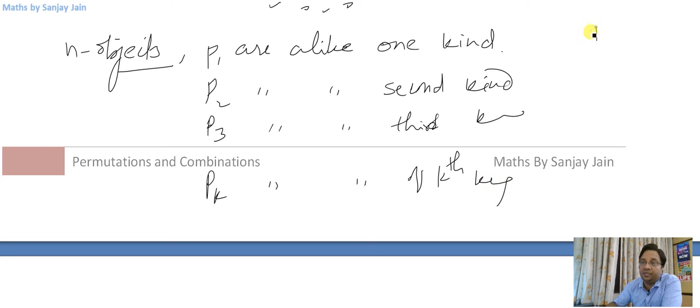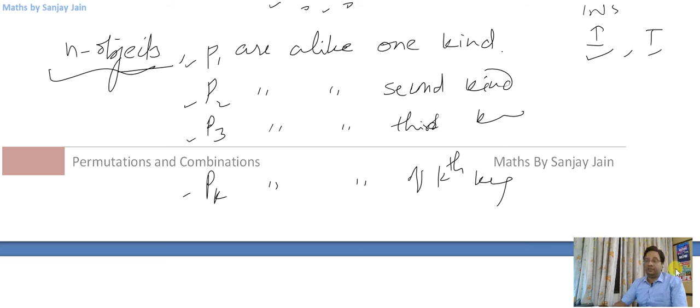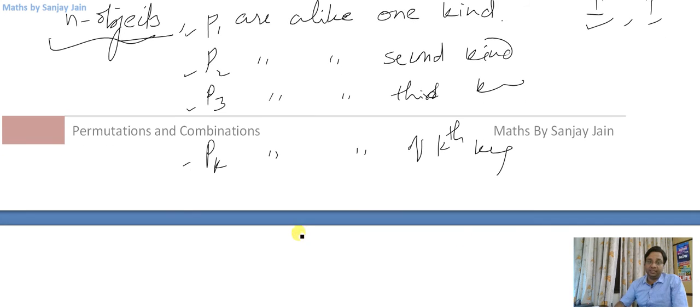For example, these were i's, these were of first kind, and then there were t's in institute. So we said there were i's that were alike, and there were t's that were alike. Similarly, out of these n objects, these are alike, and then the number of arrangements of these n objects taken all at a time will be n factorial divided by p1 factorial, p2 factorial, p3 factorial, similarly pk factorial.